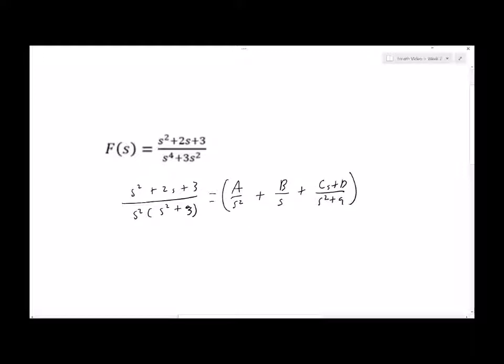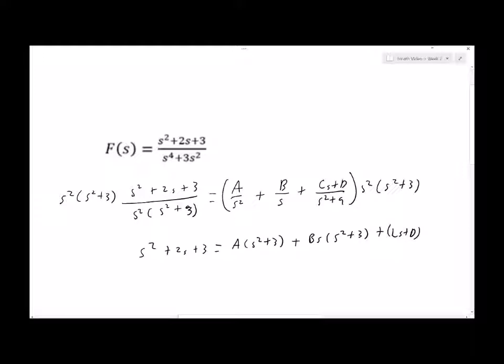Now we multiply both sides by the denominator, and we get, right, the denominators cancel out, and we're left with s squared plus 2s plus 3 equals A times s squared plus 3, plus Bs times s squared plus 3, plus Cs plus D, times s squared.